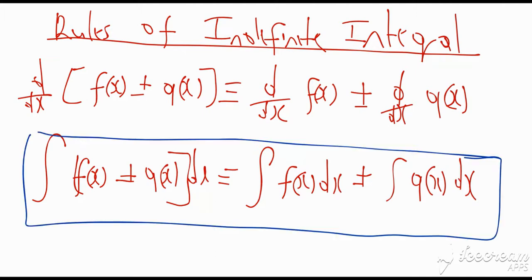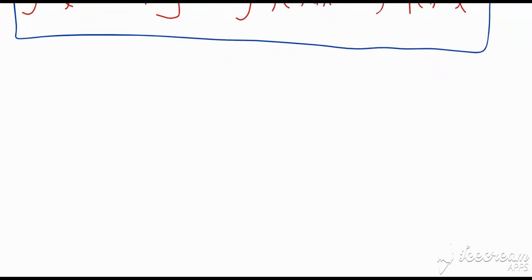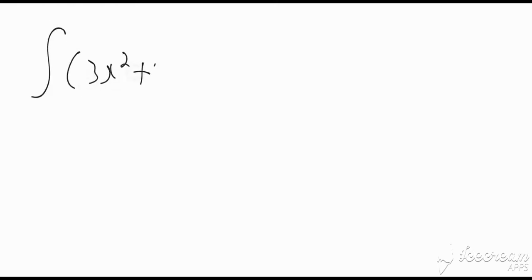Let us look at a simple example. So if I were to, for instance, have the integral of 3x squared plus 4x dx. In a case like this, what I could do is to split the integral.